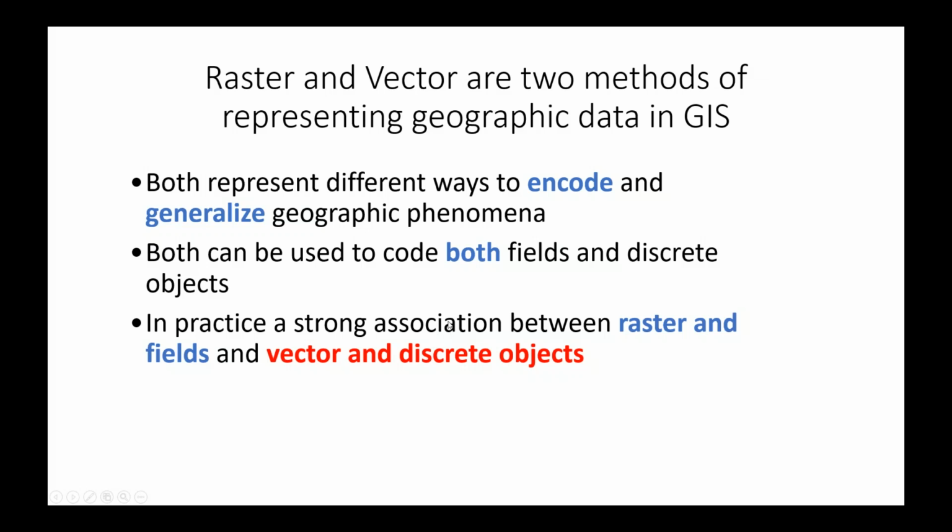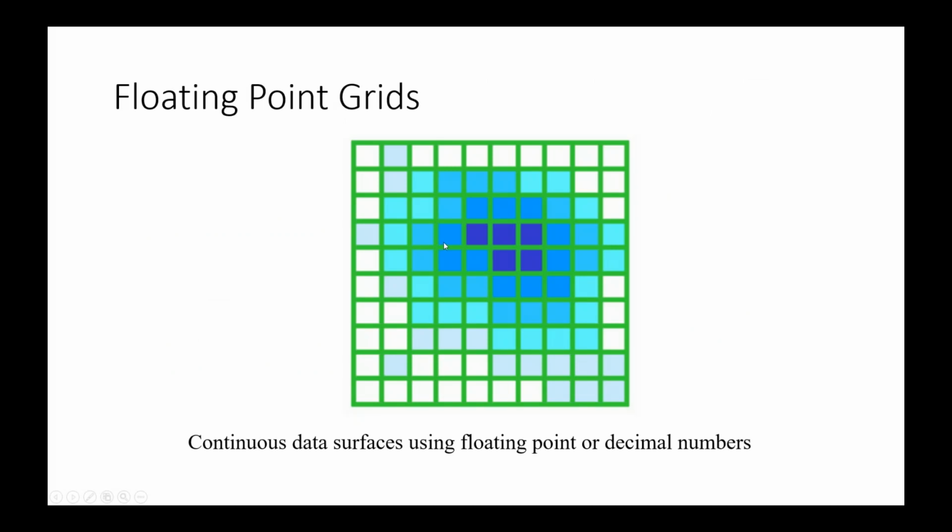So what we're thinking about here is really the sort of spatially continuous information or fields that are widely used in hydrology. One of the most common forms of a grid is a floating point or real valued grid, which might represent a continuous surface using floating point or decimal numbers to represent each grid cell.